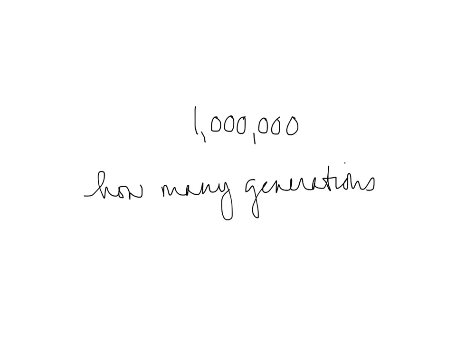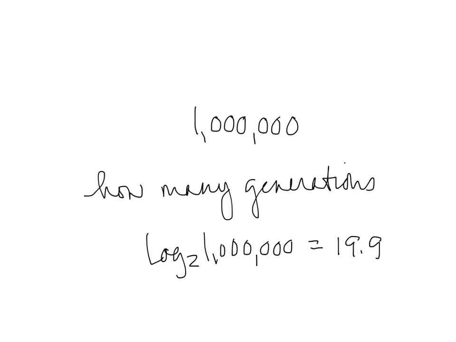So I'd like you to stop the video here and go to the calculator, put in 1 million, calculate the log base 2, and come back with a number. Okay, so what did you get? I got that the log base 2 of 1 million is equal to 19.9. So approximately 20 generations.